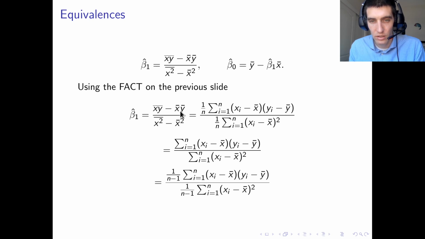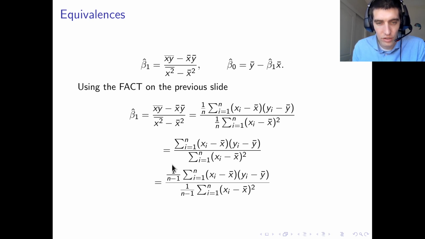So I'm going to apply this same rule to the denominator, just setting y equal x. Okay. So we can cancel these front terms if we wish. We can divide the numerator and the denominator by n minus 1, or by n, if we wish.